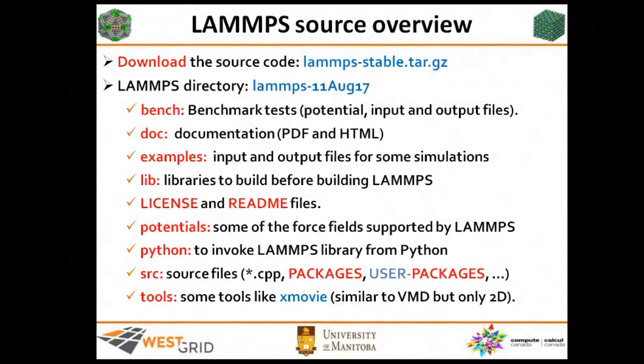So before building LAMMPS, sometimes, if you need to include one of the packages, you have to build the library first. I will show you later how to do that. There are also two files, README and the license. You can check what is inside. There is another subdirectory, potentials, which has some examples of the potentials used in LAMMPS.